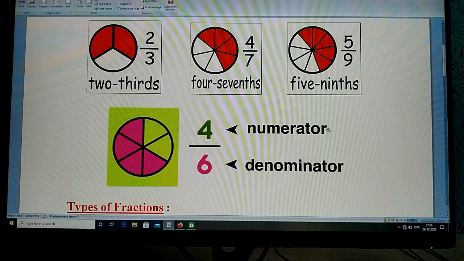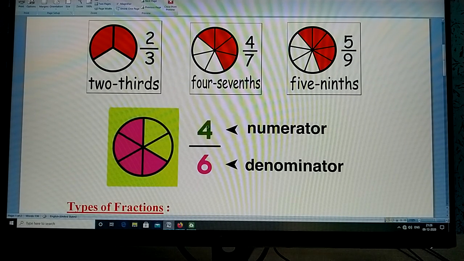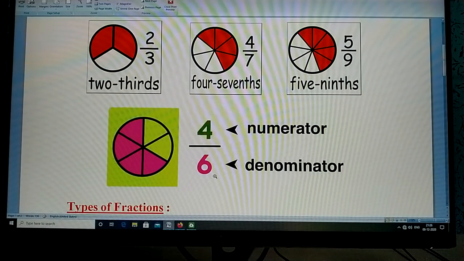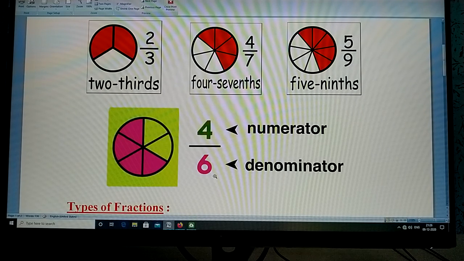What is important here is that you have to know these two things that are prominent in all fractions. The upper part is called the numerator and the lower part is called the denominator. As we have already seen, the denominator represents the total number of parts in that fraction.